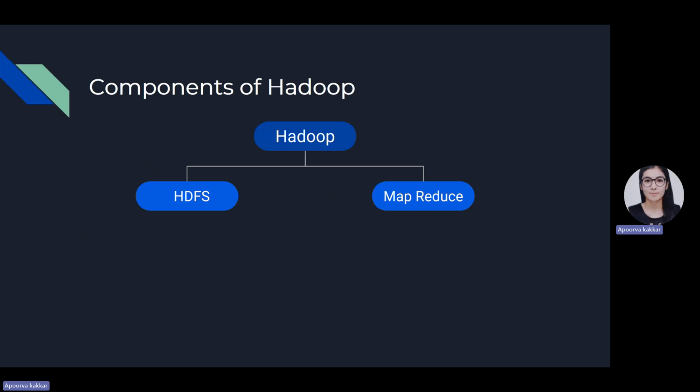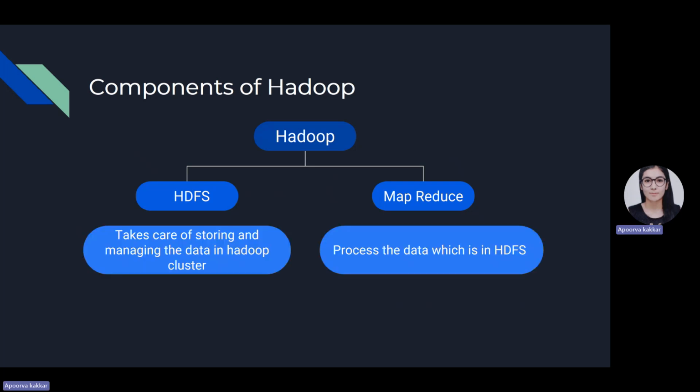There are basically two components of Hadoop. HDFS, which is typically based on GFS, the Google File System, and the other component is MapReduce. HDFS takes care of storing and managing the data in the Hadoop cluster, and MapReduce parallelly processes the data which was already stored in HDFS.